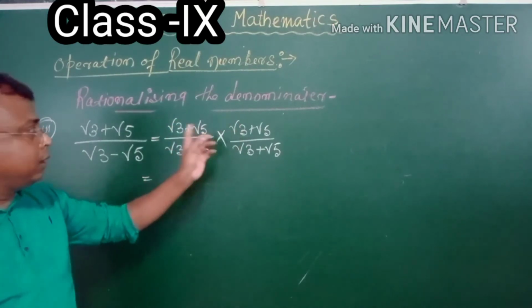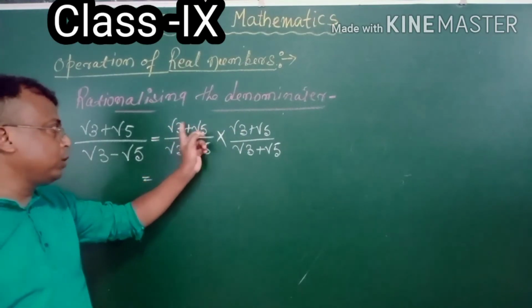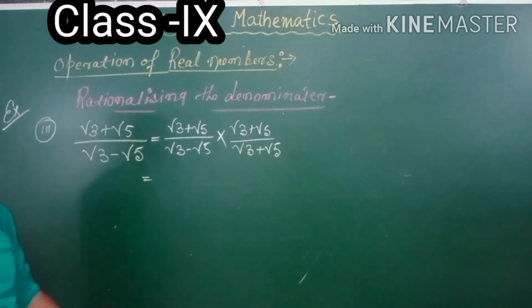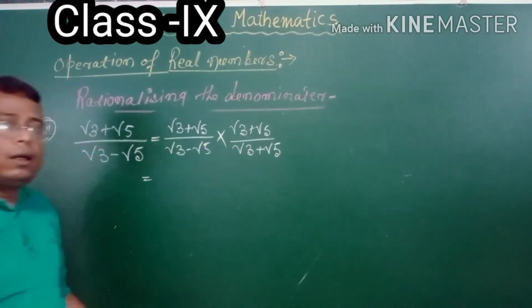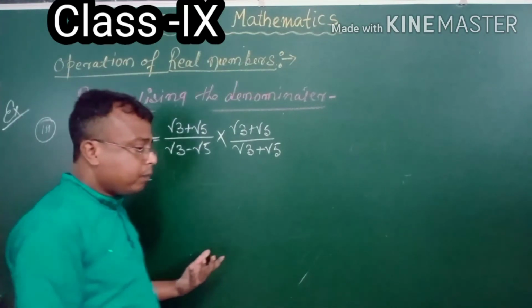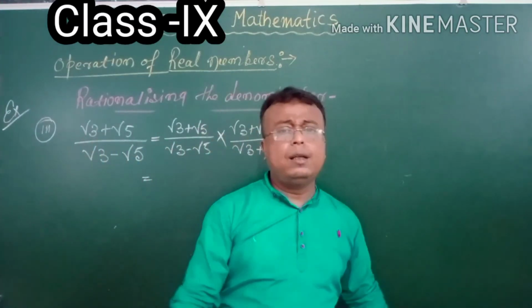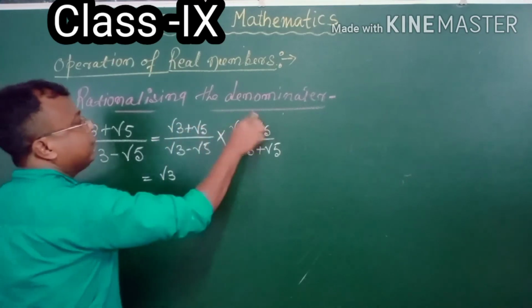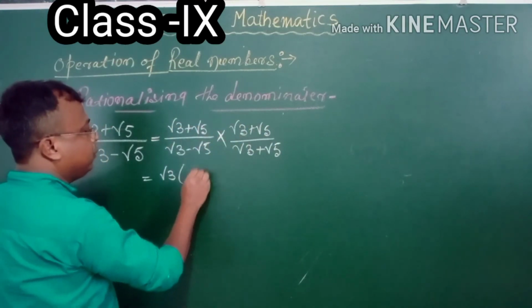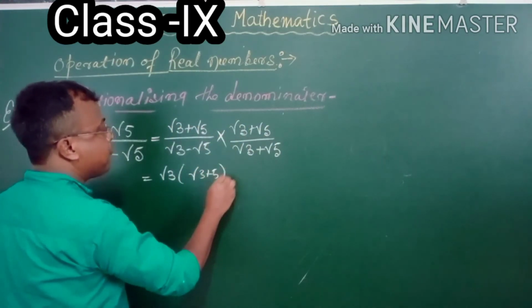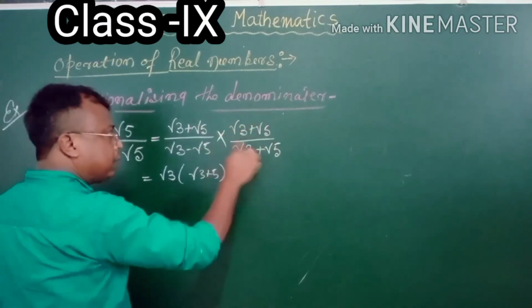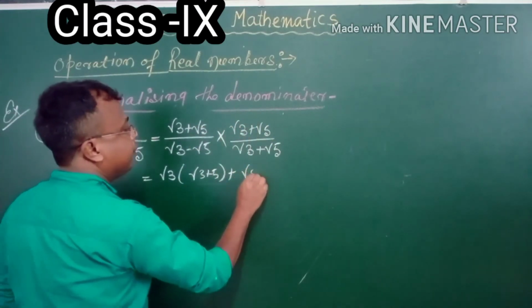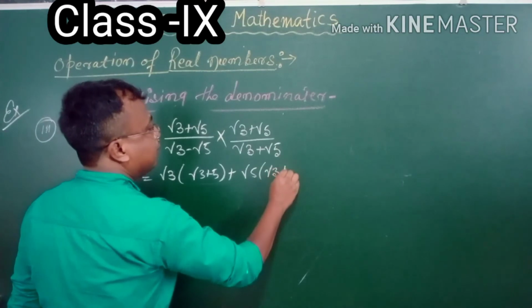Root 3 plus root 5 into root 3 plus root 5. It is in a plus b whole square. If you can't apply a plus b whole square directly, you can multiply also. Okay, I will multiply this one directly. Means root 3 multiplied by this whole, root 3 into root 3 plus root 5. Plus here root 5 multiply this one, root 5 into root 3 plus root 5.